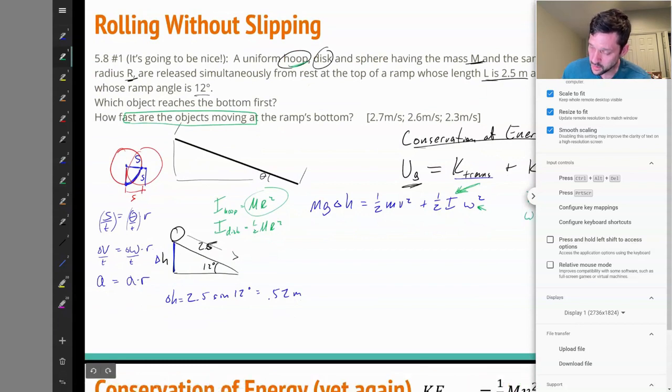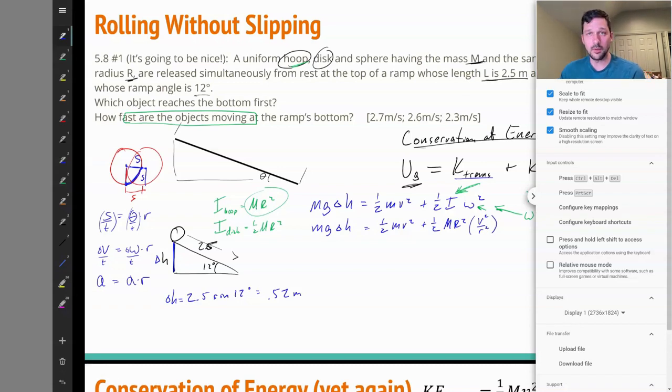Well, omega equals v over r, so that can go in there. So we've got mg delta h equals 1/2 mv squared plus 1/2 the hoop's mr squared times omega, which itself is v over r squared. So square both of those terms.